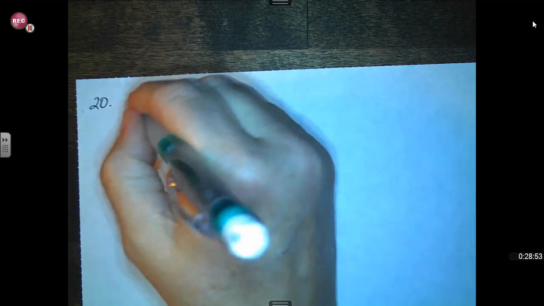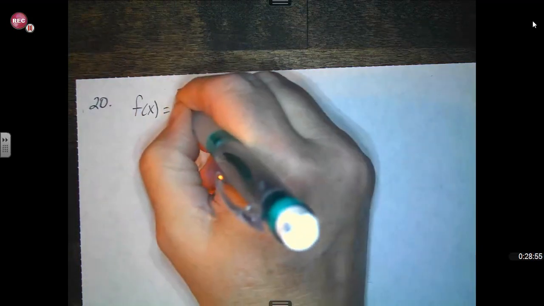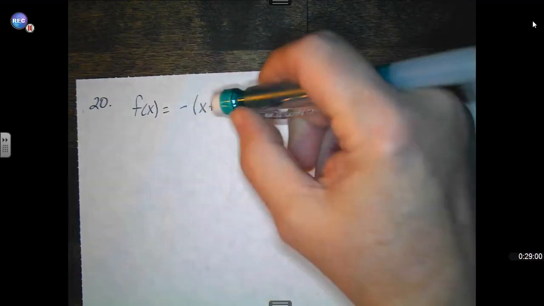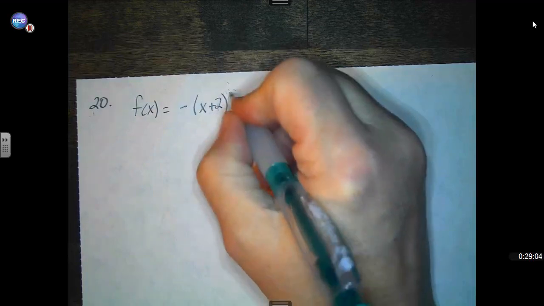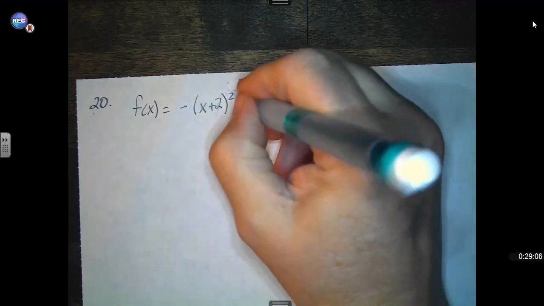And last but not least, we have f of x equals the opposite of the quantity x plus 2 squared minus 4.